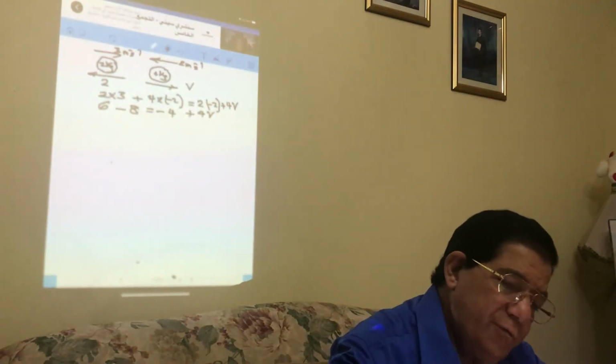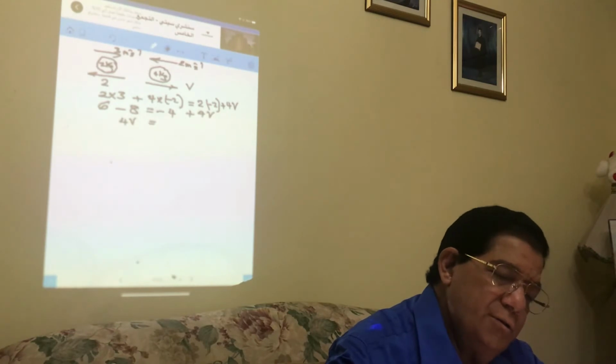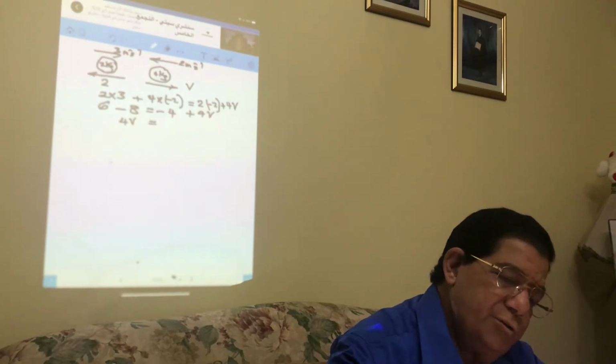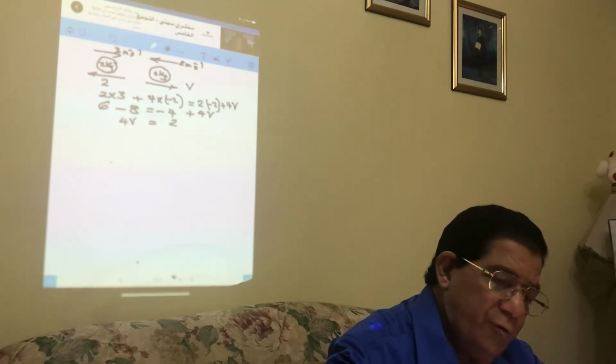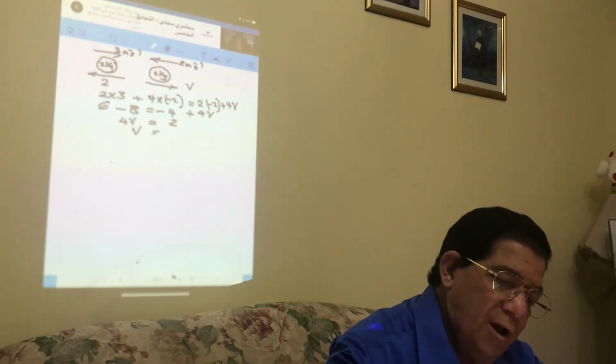Therefore, we got 4v equal 6 plus 4 minus 8, which is 2. Therefore, v equal half meter per second.